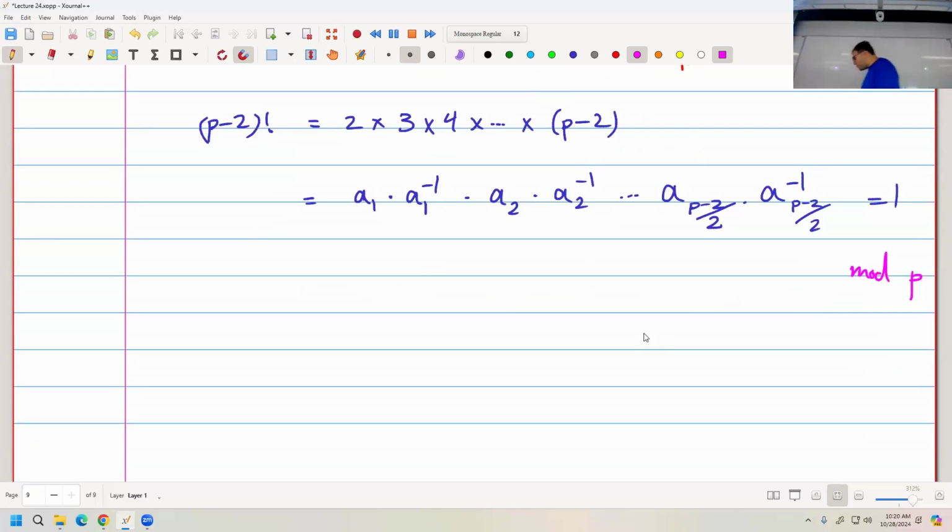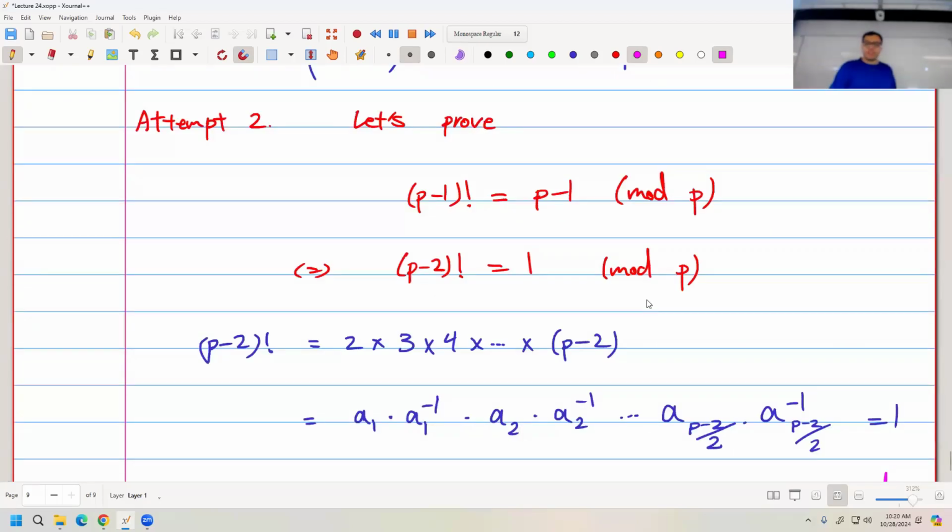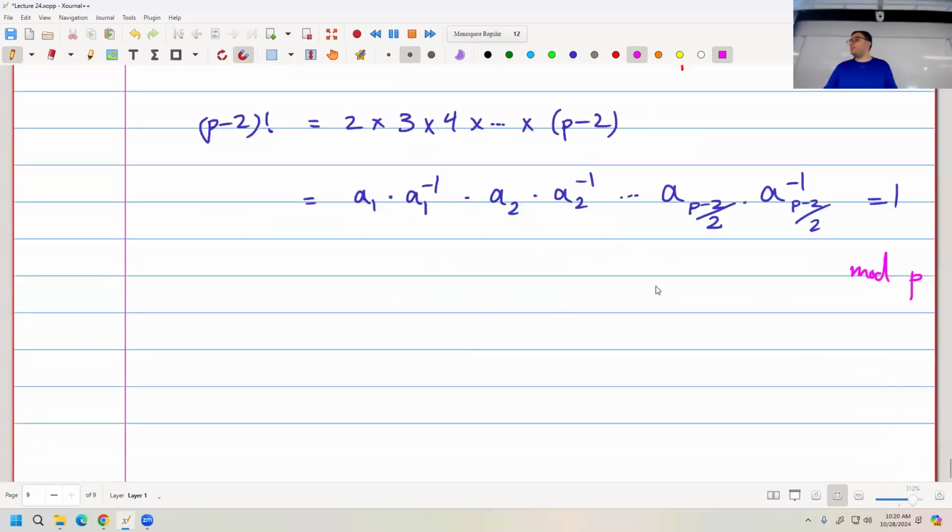I had a hand-wavy moment here when I told you that, well, if a number is the same as its inverse, it's either 1 or p-1. It's either 1 or -1. We have to prove that.